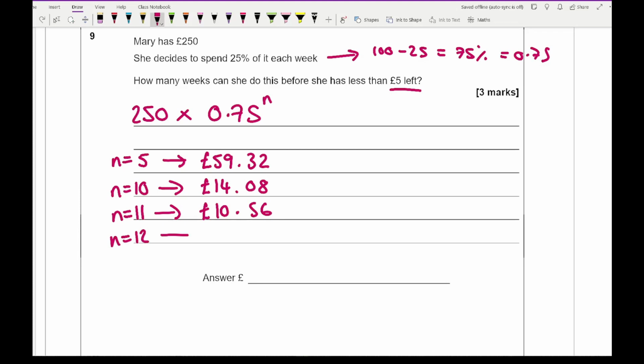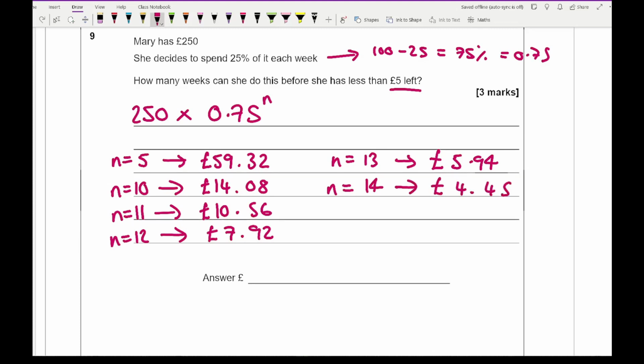Then n equals 12, I get £7.92, so getting there. N equals 13, I get £5.94, so getting closer. N equals 14, I get £4.45. So as you can see, it's going to be after 14 weeks.